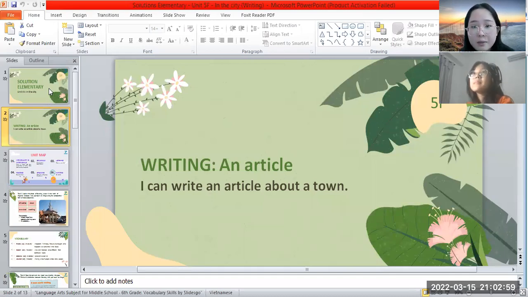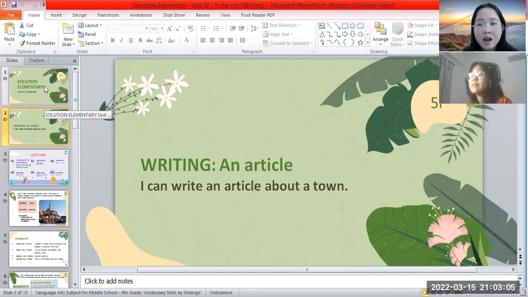So we are coming to the end of unit 5, which is in the city, and maybe on Thursday this week, we're going to have a really small test, and I hope that you can prepare for the test.